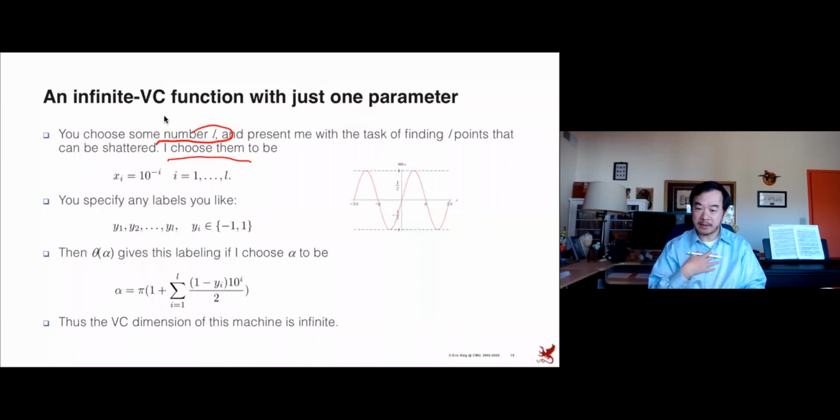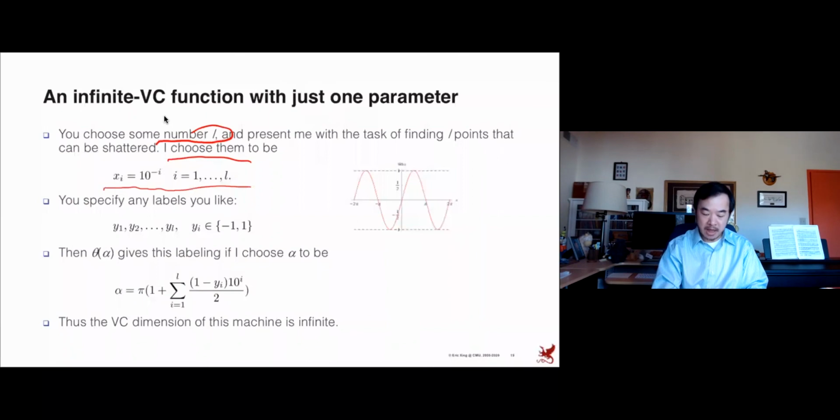I have the right to set up how the data points are chosen. I'm choosing data points, not the labels, and L, the number of data points, is given by you. I choose x_i equal to 10 to the minus i, with i from 1 to L.